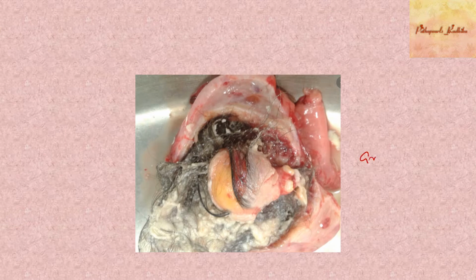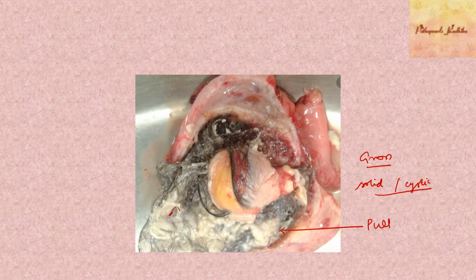And coming to the gross appearance of teratoma, this is how it looks, like a monster with a shaggy appearance. Most of the teratomas can have solid as well as cystic areas. And one of the striking features is they have pultaceous material. Are you able to see some gray white to creamy shaggy material?